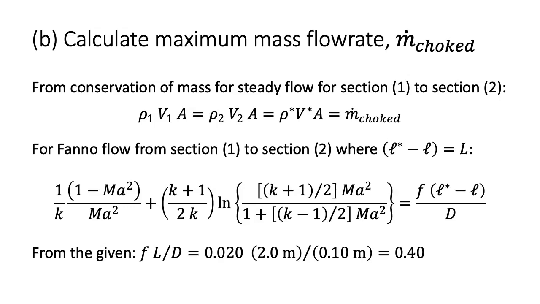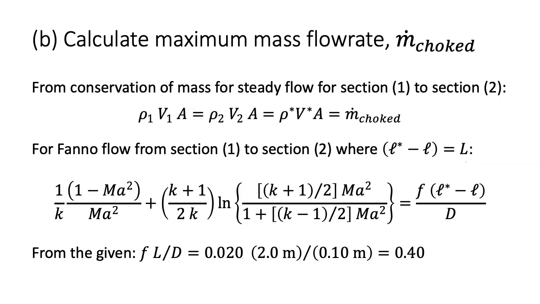Then, to begin the calculation, we see from the given information that we can calculate the Fanno flow parameter, f times L divided by D, that accounts for the amount of friction required to get to the choked flow condition. Again, since the flow is choked at section 2 at x equals L, the quantity L star minus L is equal to just the length, capital L, for this case.